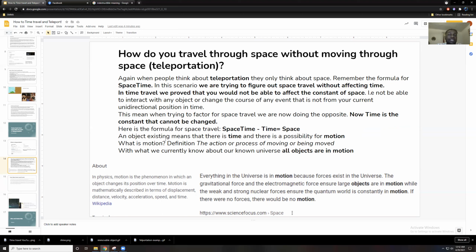Remember, if there is an object, it means that there is time and there's the possibility for motion. What is motion? By definition, the action or process of moving or being moved. With what we currently know about our known universe, all objects are in motion.